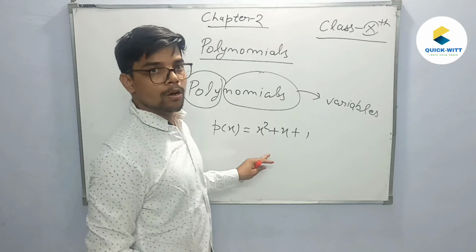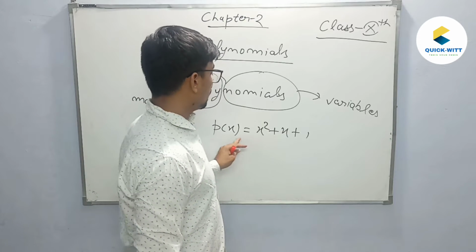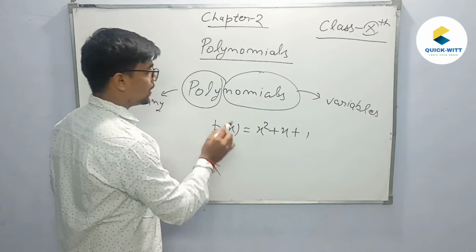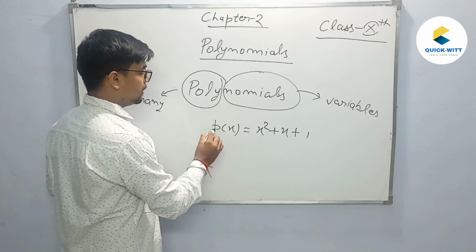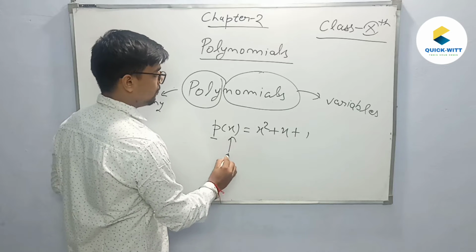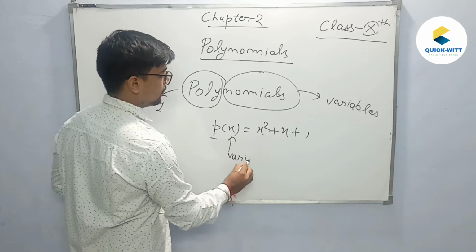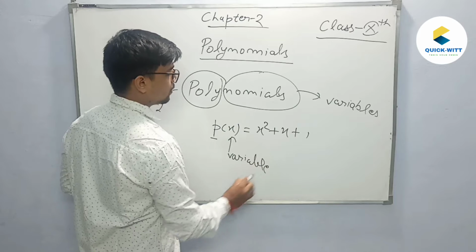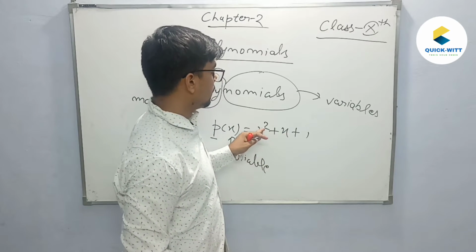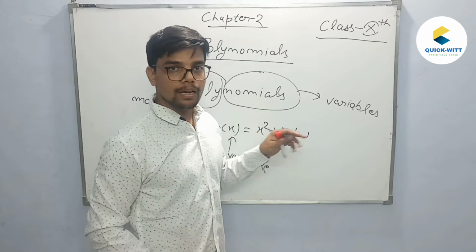It is a polynomial of degree 2, and this indicates the polynomial and this indicates its variable. So here it is a polynomial of second degree in variable x.